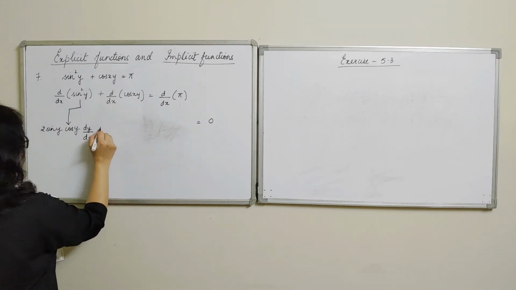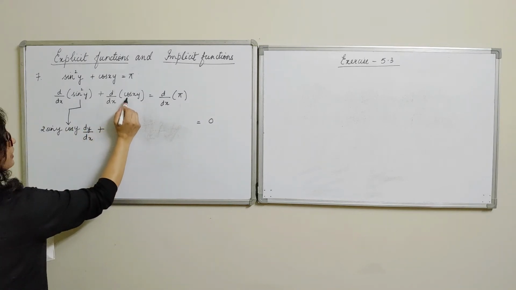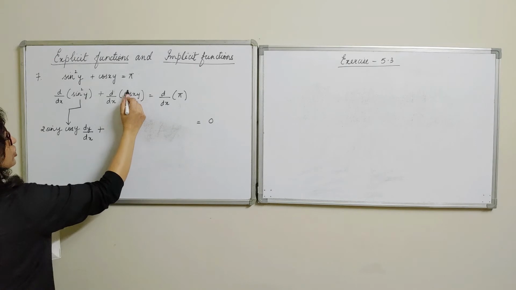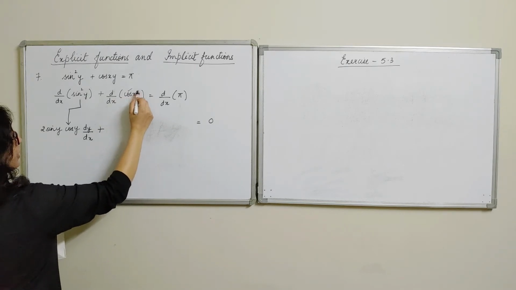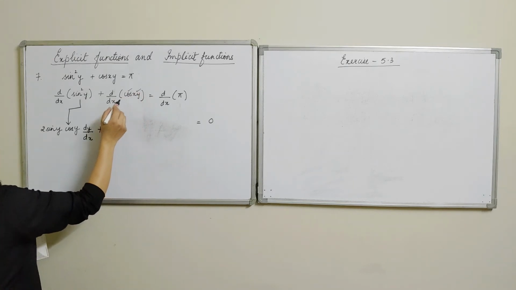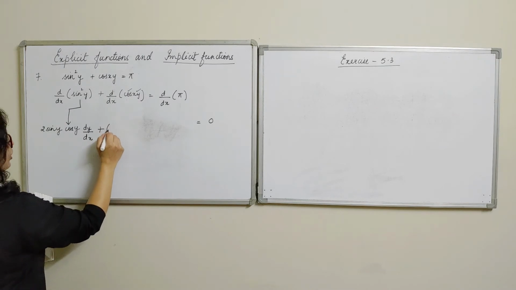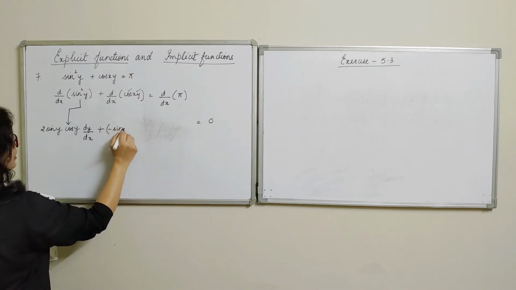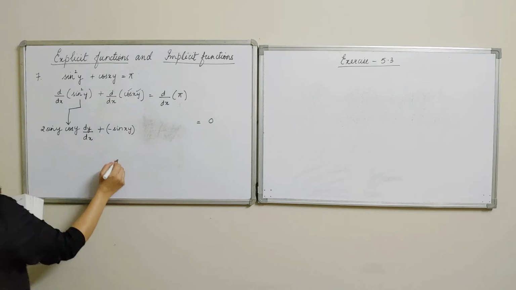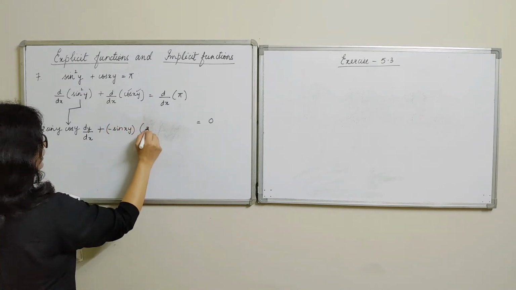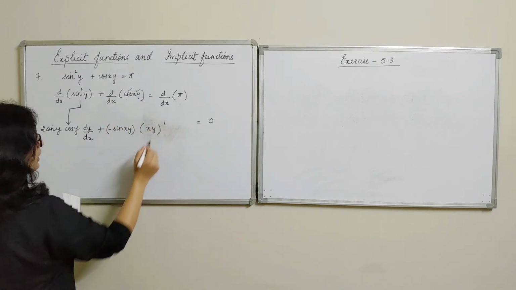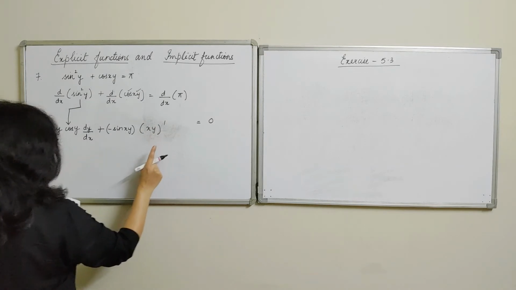Move on to the next term. Here again, it's a composite function, a trigonometric ratio, and the angle is xy. So we'll first differentiate the trigonometric function, which gives us minus sine xy. Then to differentiate the angle xy, we shall be using the product rule.